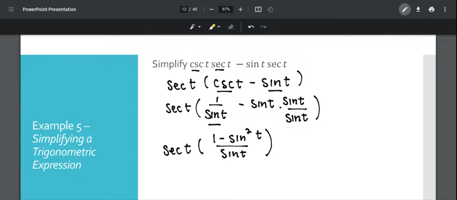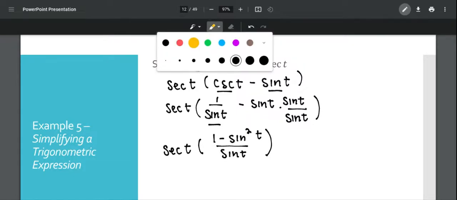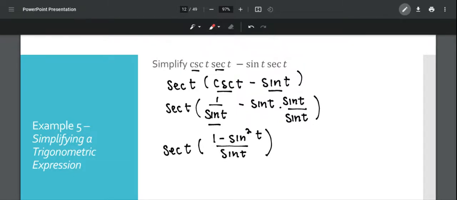Okay, something we're not going to do, it'll go on the don't do it board, is, I'm going to highlight this just to show you in red. We're not going to say that this and this simplify. Because if you do, you've left out the 1, and we can't leave anybody out.